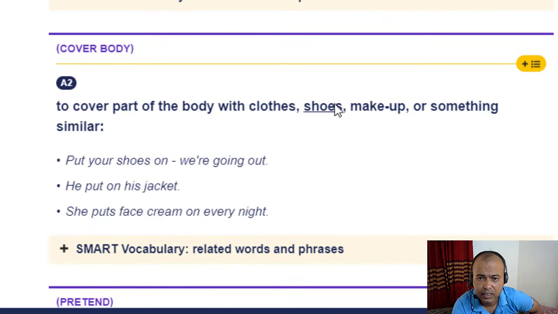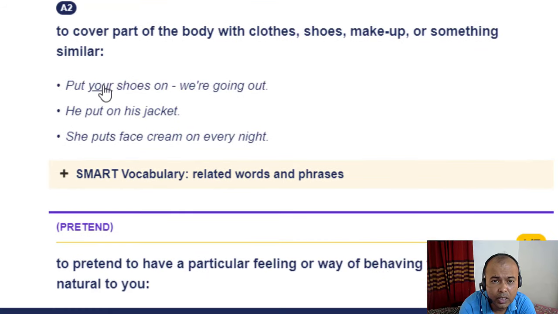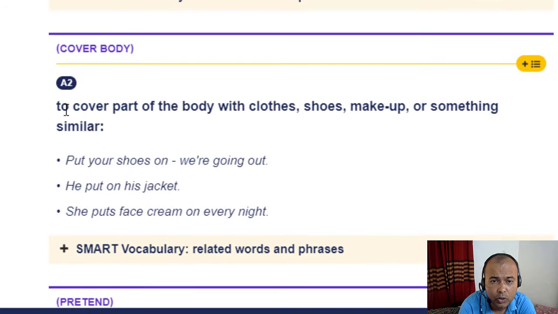So let's go down. It's an A2 level. Look at that. Here it is A2. Previously we have got B2. Here it is A2. A2 means it's easier than B2. Put on, another meaning: to cover part of the body with clothes, shoes, makeup or something similar.